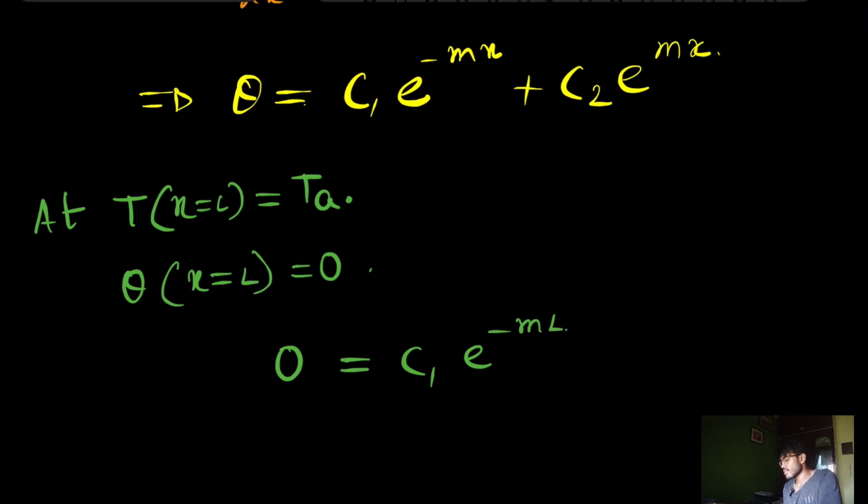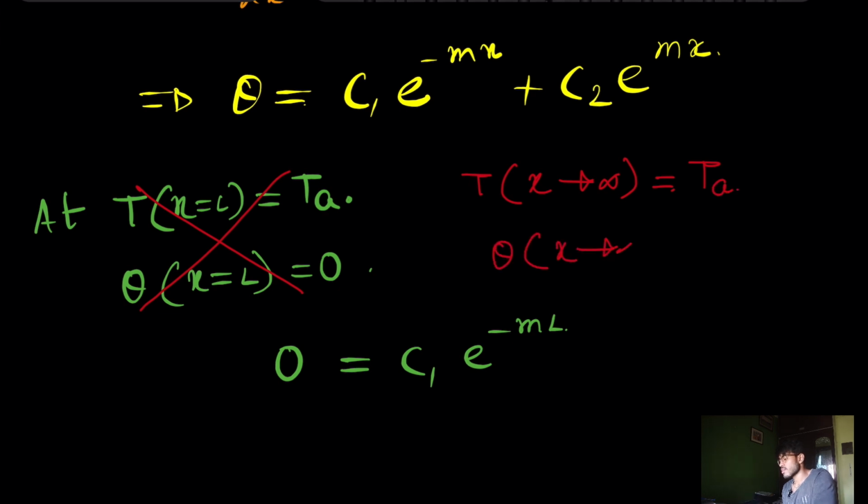Okay, and we also know that this is not the mathematically correct boundary condition, because there should be T at x tends to infinity equal to Ta, at least theta at x tends to infinity, because this is for a large fin. So effectively my L is also going towards infinity.